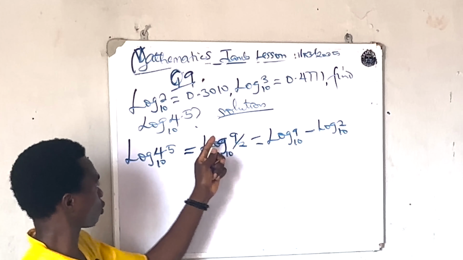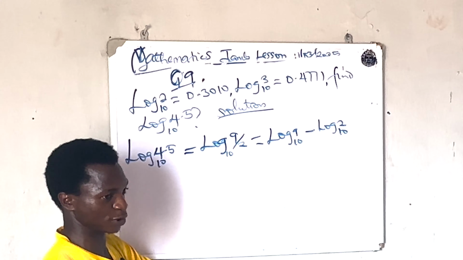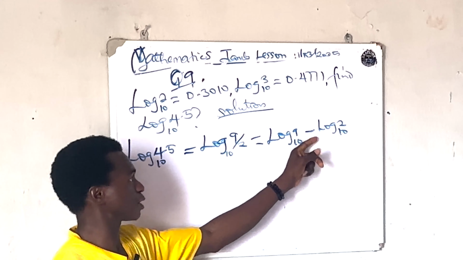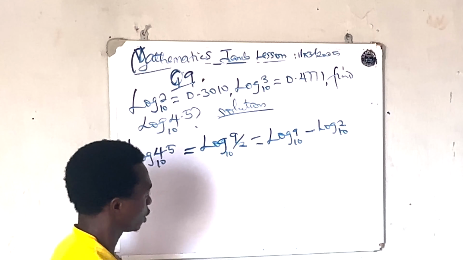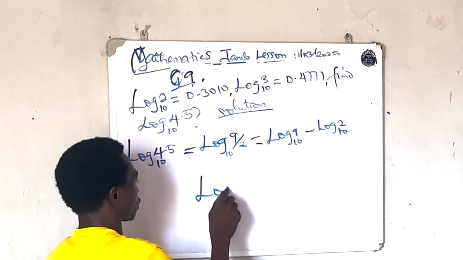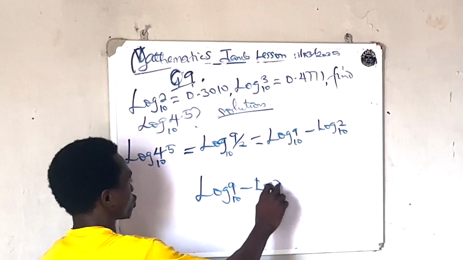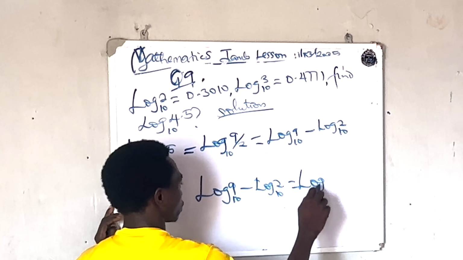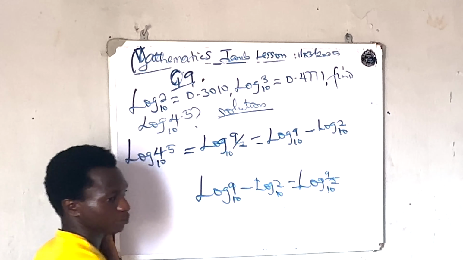Right. So log 9 over 2 in base 10 is still the same thing as saying log 9 in base 10 minus log 2 in base 10. So also, if you are given log 9 in base 10 minus log 2 in base 10, you can equally write it as log 9 divided by 2 in base 10.